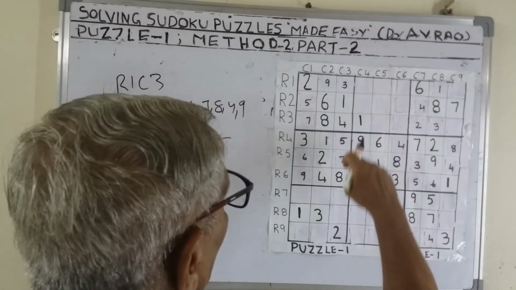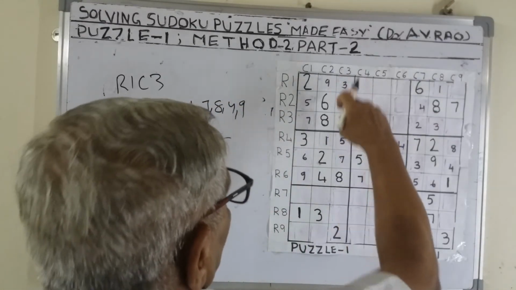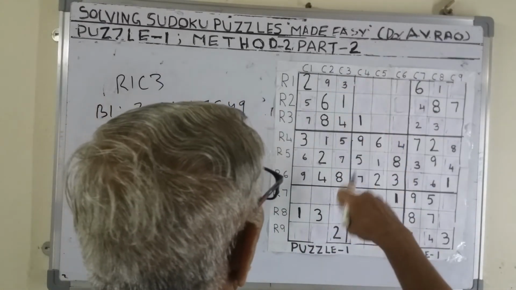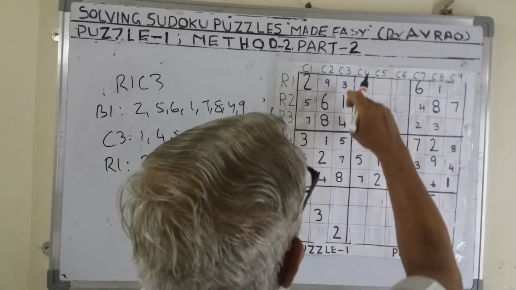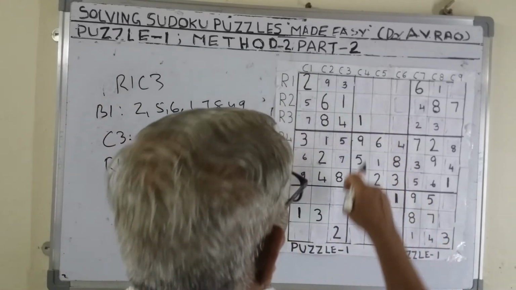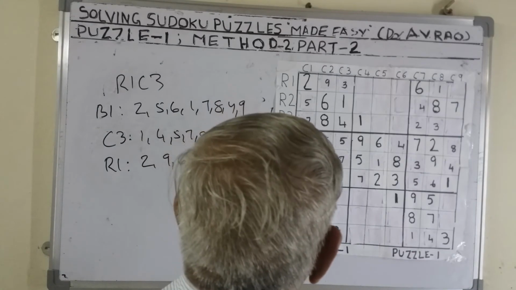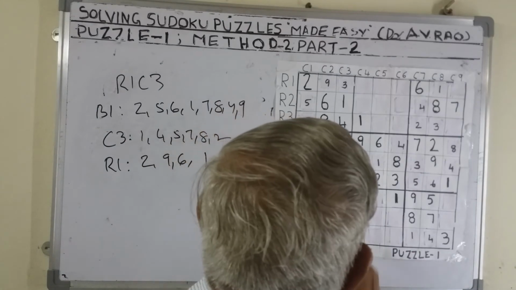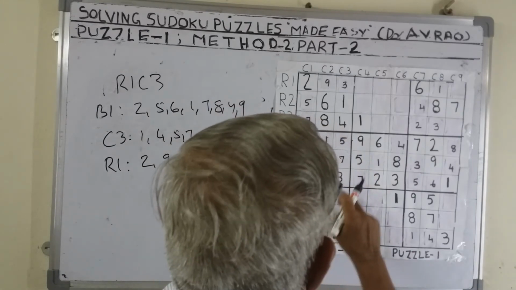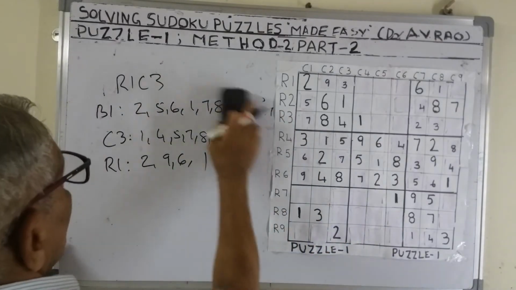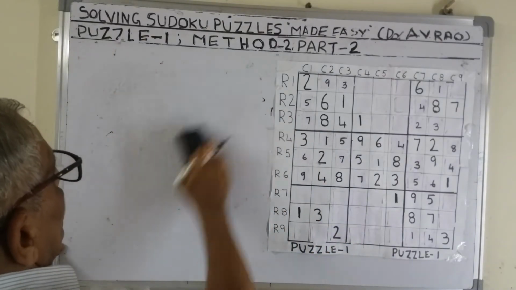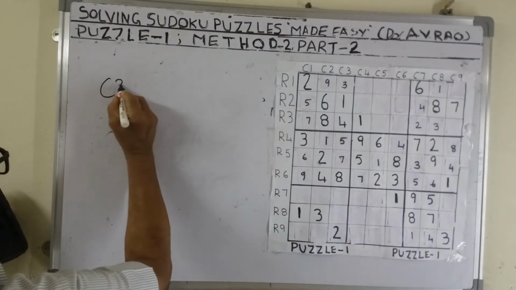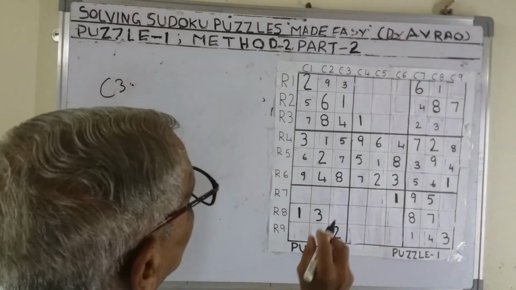So, see friends, let us see these columns, almost, let us see this column 1, 2, 3, okay. Let us come to this column C3. In column C3, only 2 cells are left over.